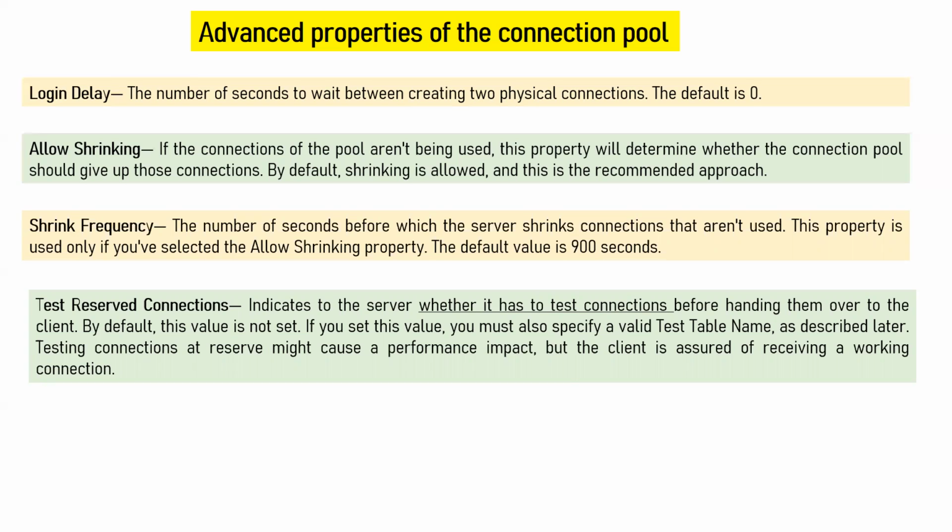Because it may happen that in the backend, if you have a RAC cluster and one of the nodes is not responding properly, or the database is not available due to some network problems, and you have not enabled test reserved connections, your data source may try to connect to the database which is not available or not healthy, and it will waste time on that one before it goes to the healthy one. So if you enable the test reserved connection parameter in the data source, it will always hand over a good connection to your client.